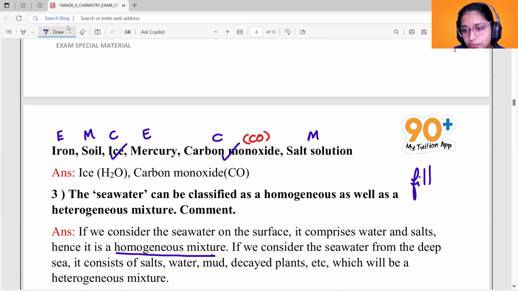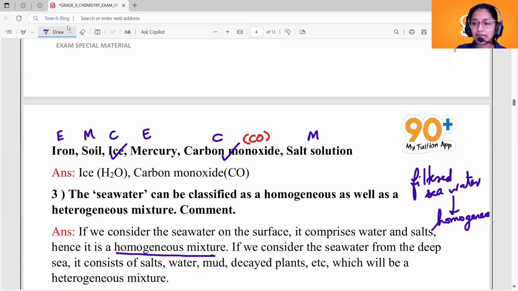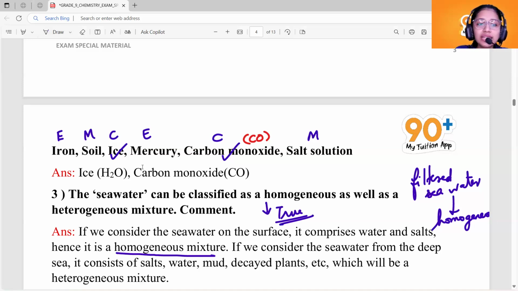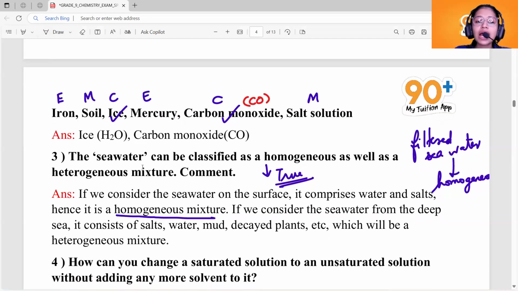Filtered seawater is always a homogeneous mixture. There'll be no plants, there'll be no animals, there'll be no mud. But regular seawater can be classified as both homogeneous and heterogeneous mixture. So this statement is actually true. Fine. So now we'll move on to the next question.